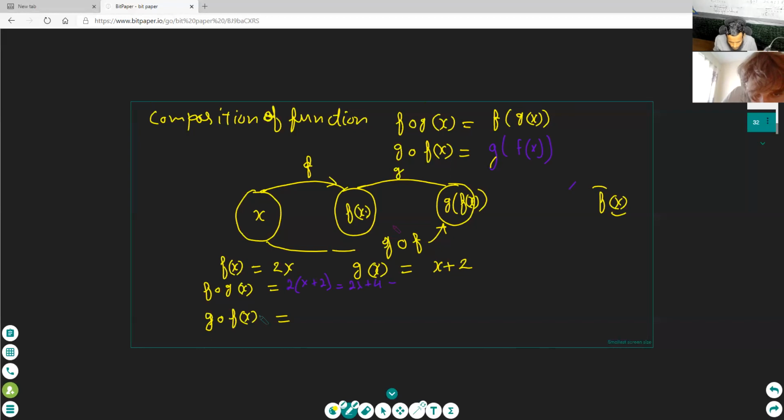There's no need to find the x. This is 2x plus 4, this is the answer. There is no need to write this. So this would be g of f of x.